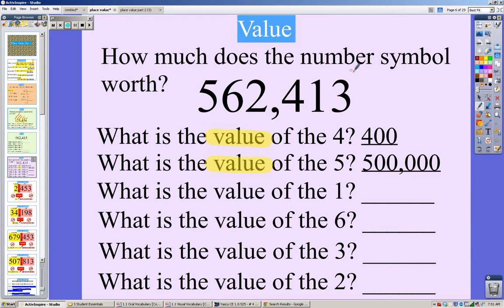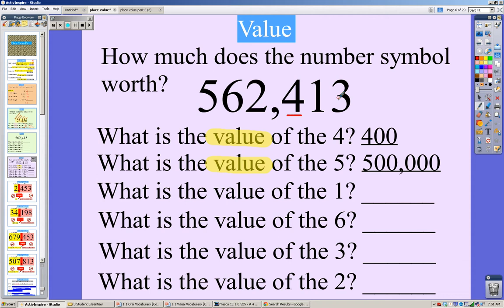Now, how much is the number symbol worth? So, for example, it asks us what is the value of the 4 in this number up here, 562,413. Well, I can see that this 4 right here is in the ones, tens, hundreds. So it's worth 400. The way that you get those zeros there is you put the 4, and then there are 2 places. We have to show the place value.